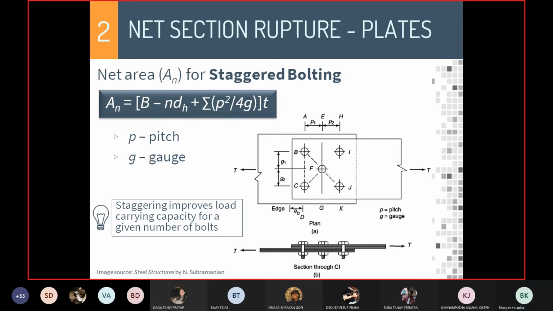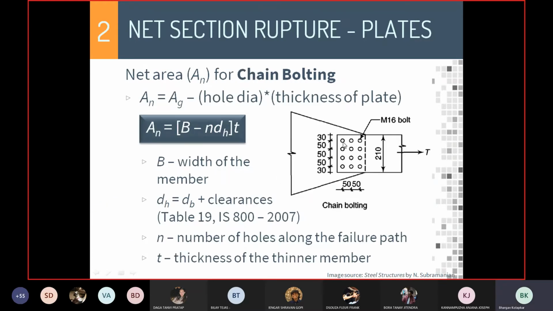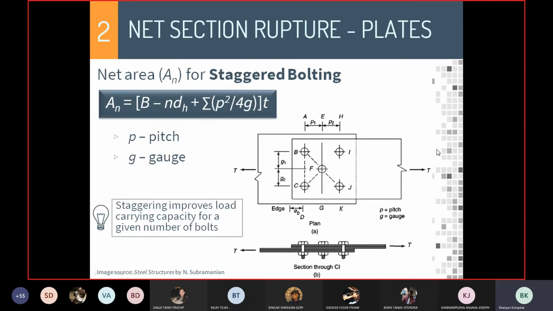Before that, the distance between the center to center of bolt holes in the direction of the force is called pitch. And the distance between the center of bolt holes perpendicular to the direction of force is called gauge.